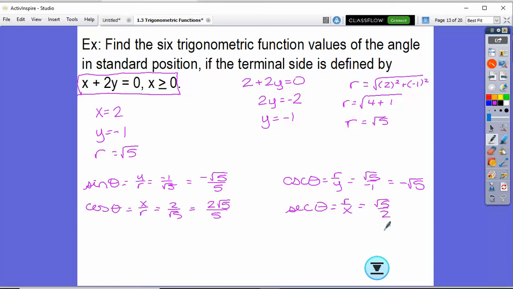So radical 5 over 2. Tangent, y over x, so negative 1 over 2. Then cotangent, x over y, 2 divided by negative 1, or you could just say negative 2.